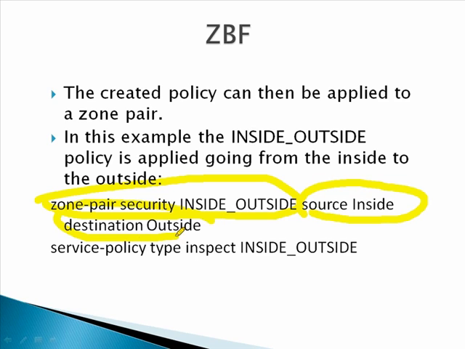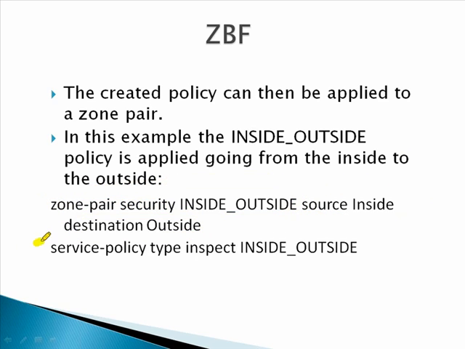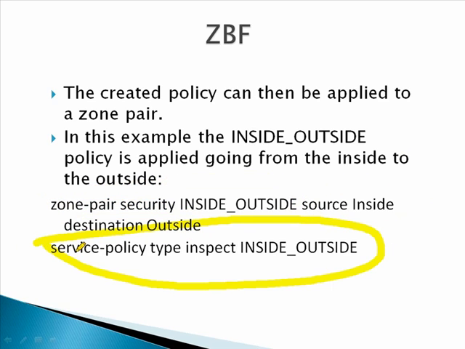Destination zone is outside. So that creates the zone pair. The policy itself is applied by typing service policy, again, type inspect, like everything else with zone-based firewall, inside to outside. And that's the name of my policy map that I created.